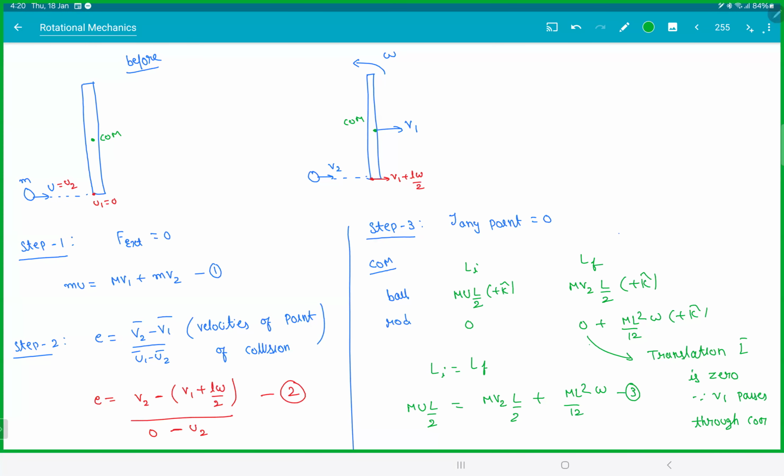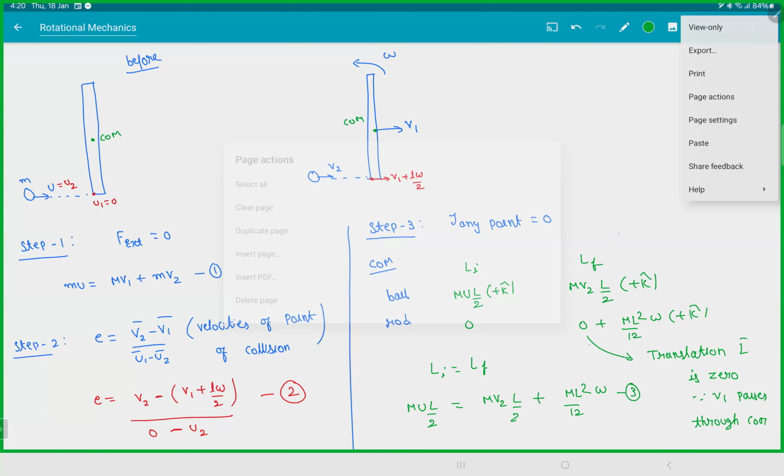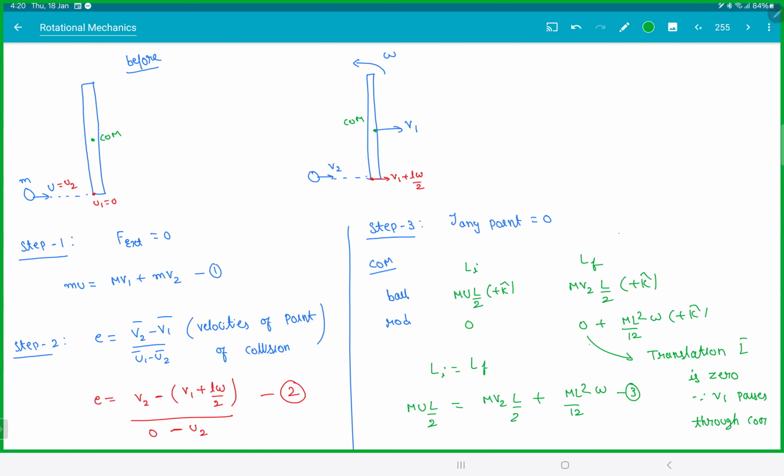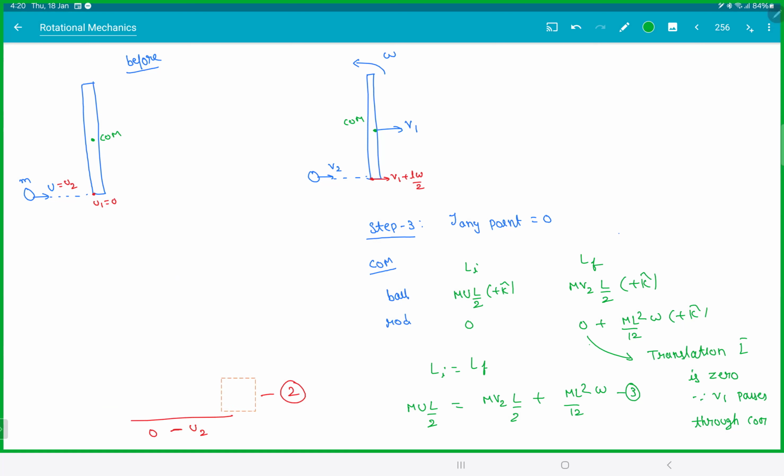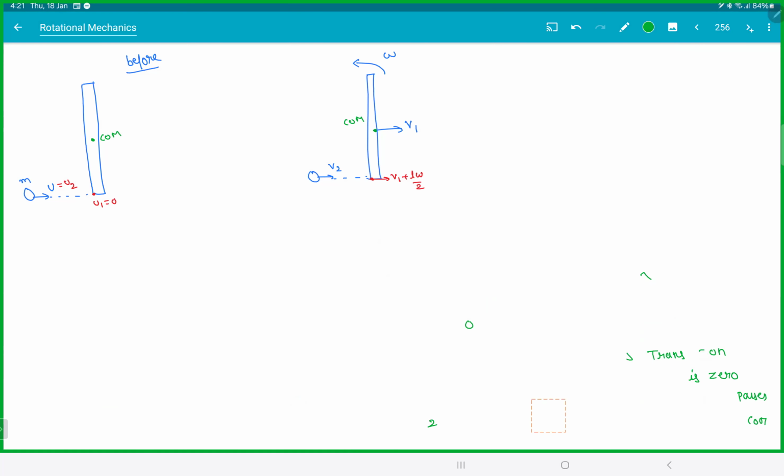But the same thing, if I take angular momentum over the point of collision, see what happens. If I take the angular momentum about this point of collision here, angular momentum about A, the ball, the rod, L initial 0.